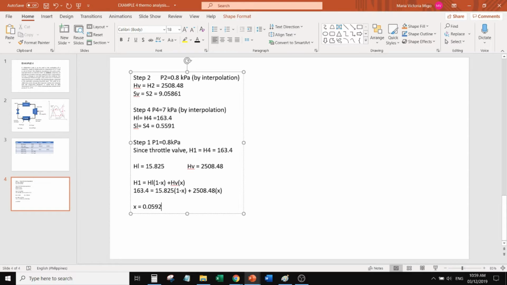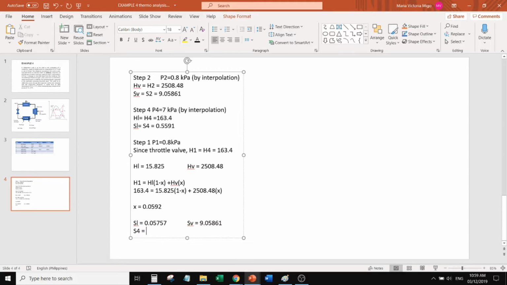Now let's solve for S4. From the steam table, SL is 0.05757, SV is 9.05861. Entropy of vapor is larger compared to entropy of liquid. Then solve for S4.